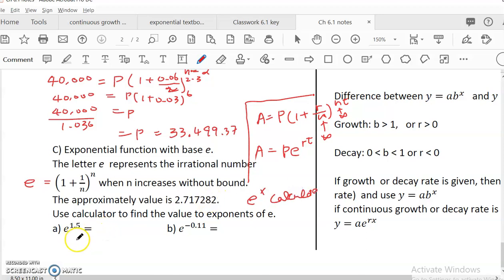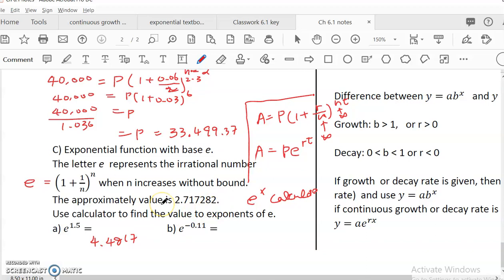I can actually do e to the 1.5. Remember, e is not a variable. It's actually a number that comes out if you do 1 plus 1 over 1 million to the power 1 million. You'll see that it is like that. So if I use my calculator, e to the 1.5 would be 4.4817.